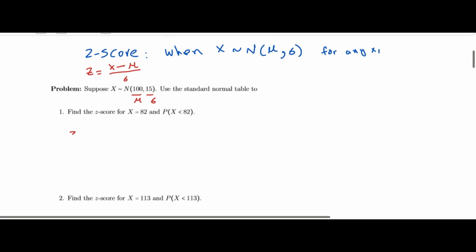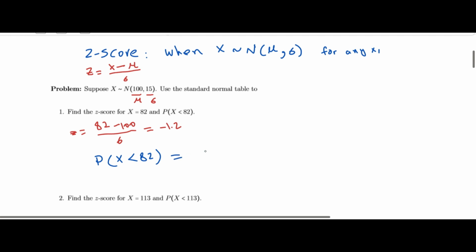The z-score in this case is going to be 82, which is the value of x, minus mu, which is 100, divided by 15. This is going to be equal to negative 1.2.